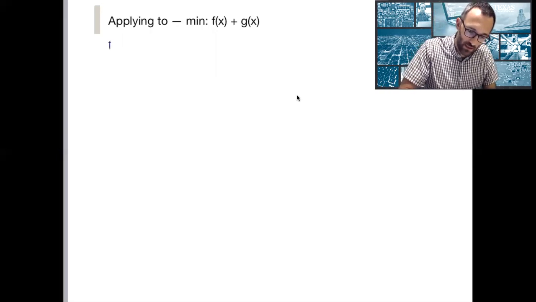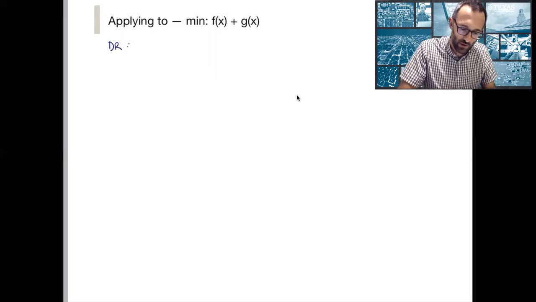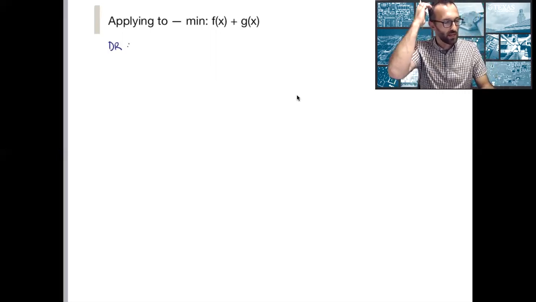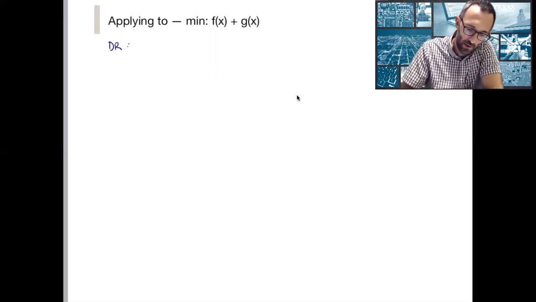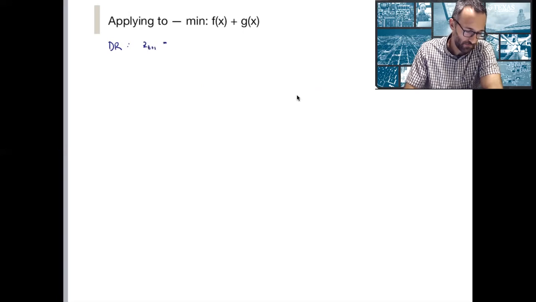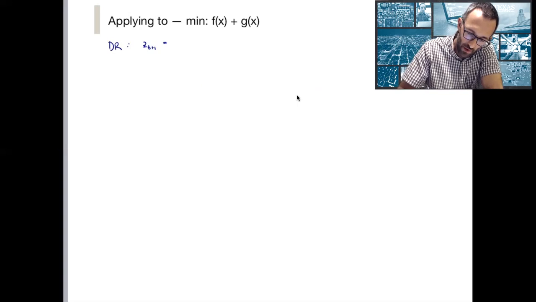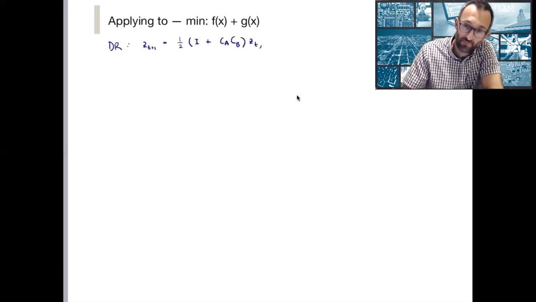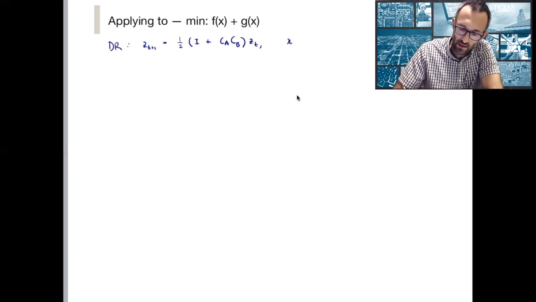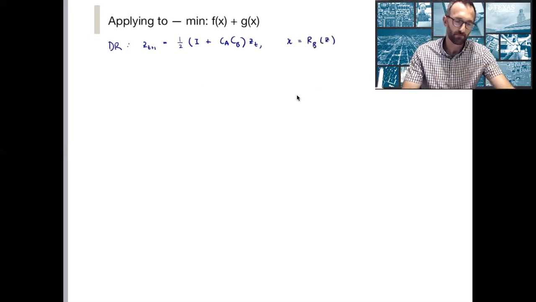So again, the DR algorithm, as we just wrote it, is the main iteration: z_{t+1} is equal to 1/2 of the identity plus C_A composed with C_B of z_t, and then finally setting x equal to R_B of z.